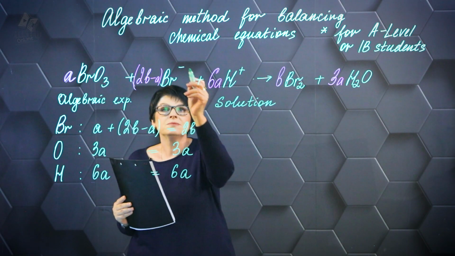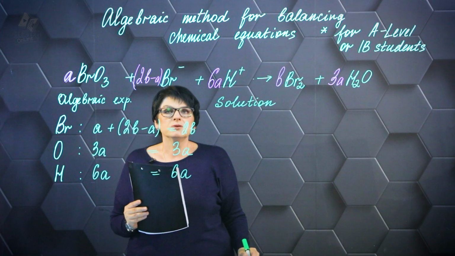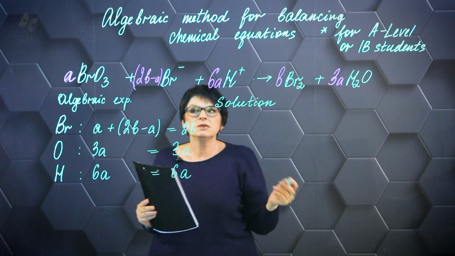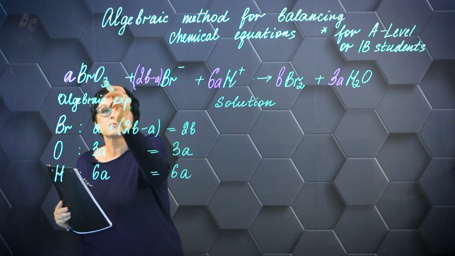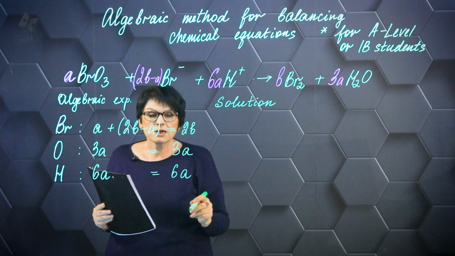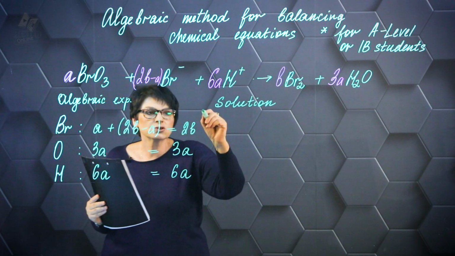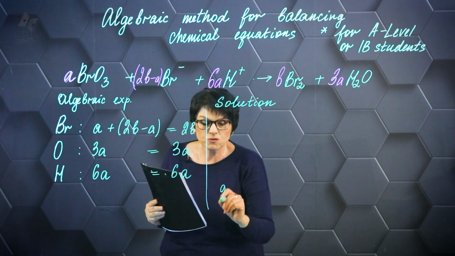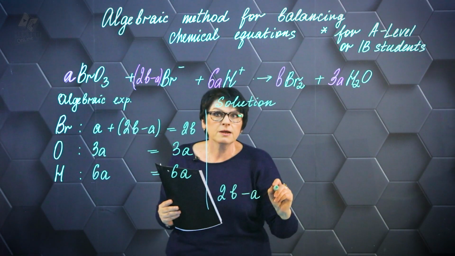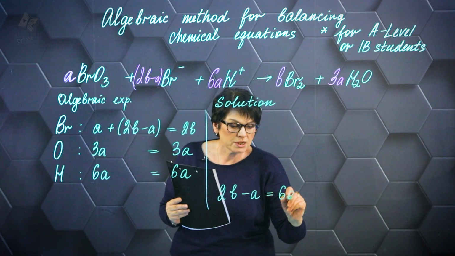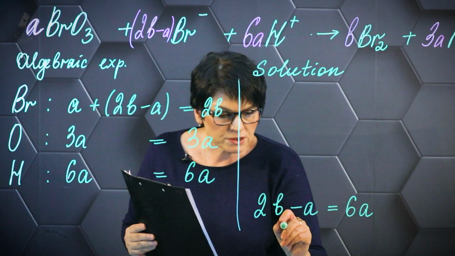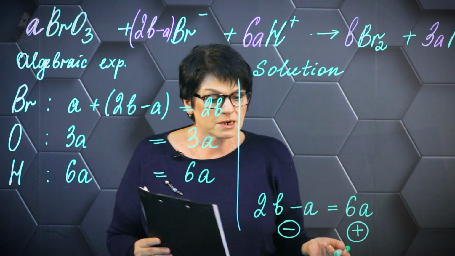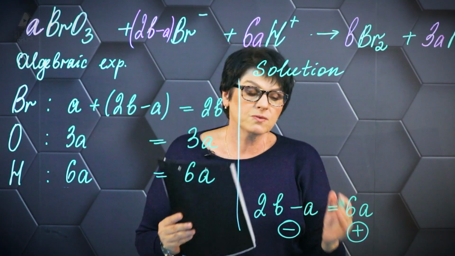On the left-hand side, notice we have 2 ions, a minus ion and a plus ion, and since on the right-hand side these are all neutral molecules and their charges are 0, it follows that the charges of the BrO3 ion and of the hydrogen ion must necessarily be equal in magnitude. So 2B minus A must equal 6A, because as many minus charges as plus charges, because there is a rule of conservation of charges, so you must have a total of 0.